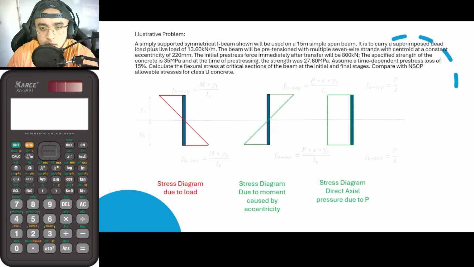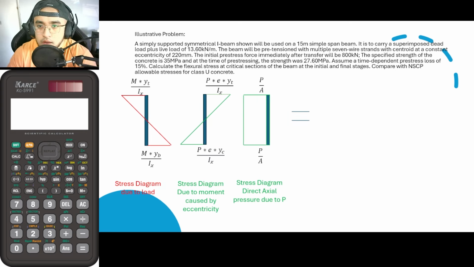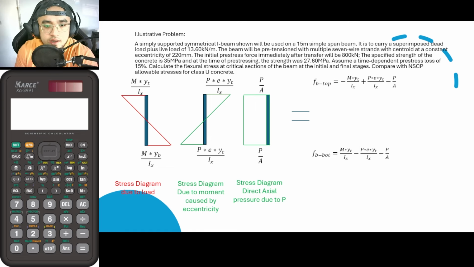So let me just compress them to one side in order for me to have a space on the right. Take note, guys, in our situation here at the top, the stress at that side is compression. As you can see, since it is plotted to the left, it is negative.